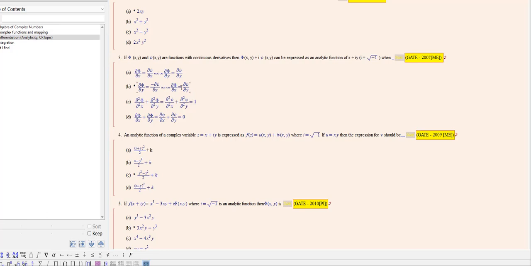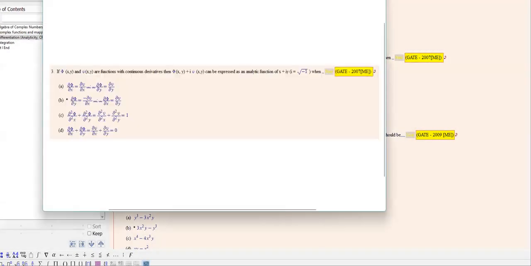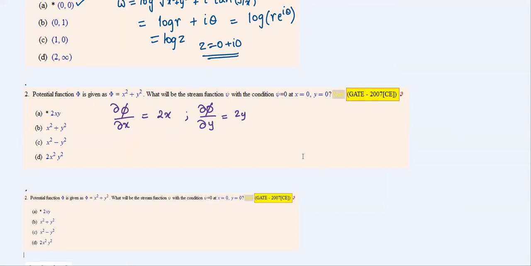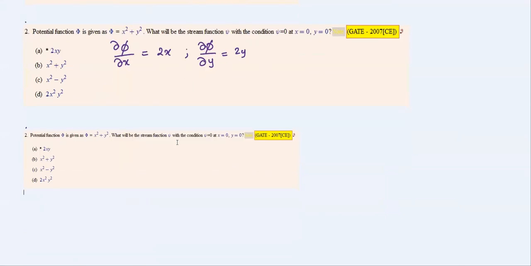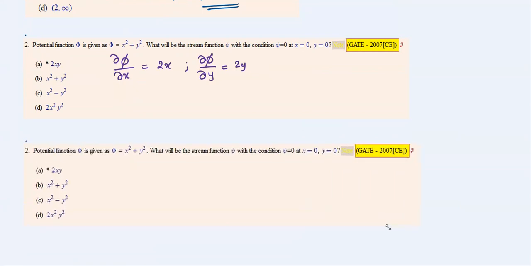So this is directly a question from the mechanical engineering section. Okay, let us see this one, if this is valid.